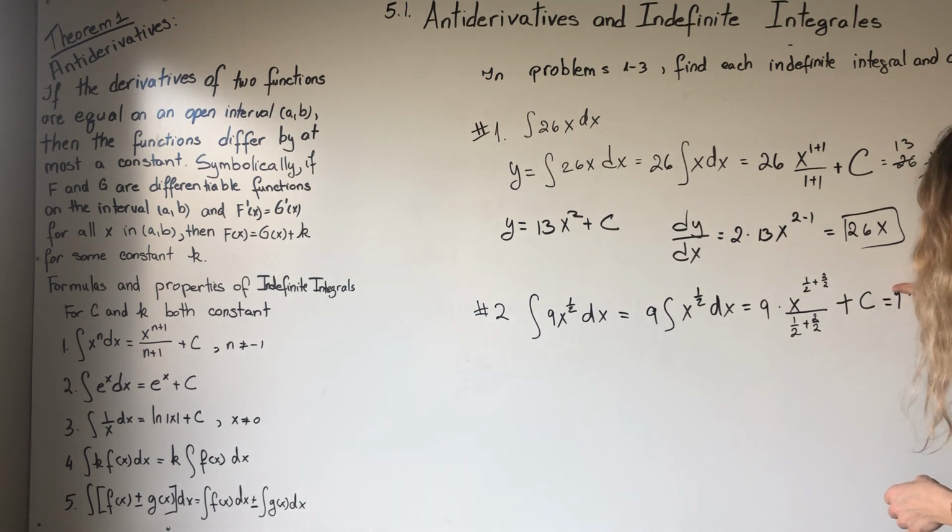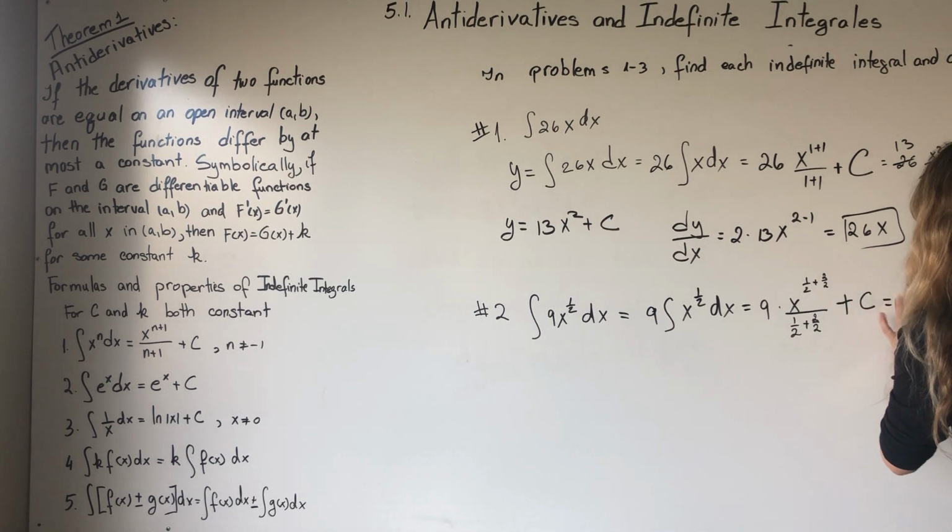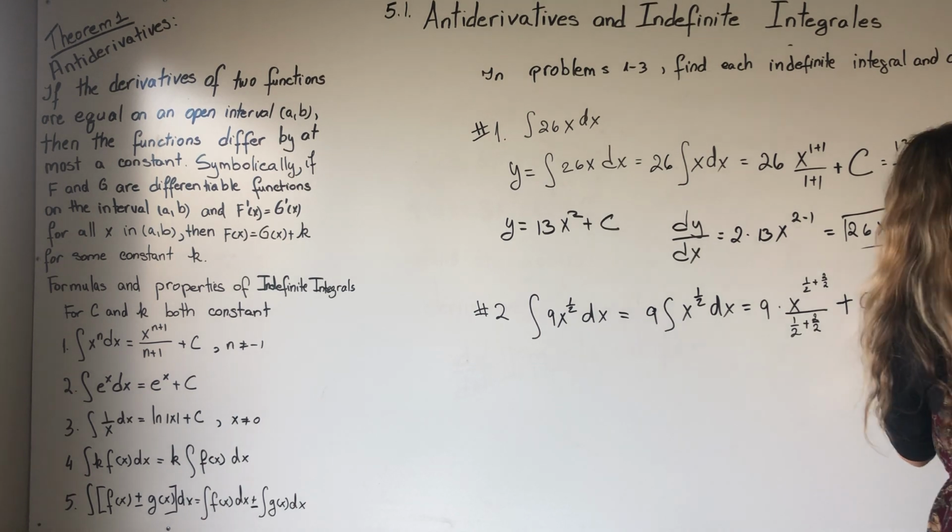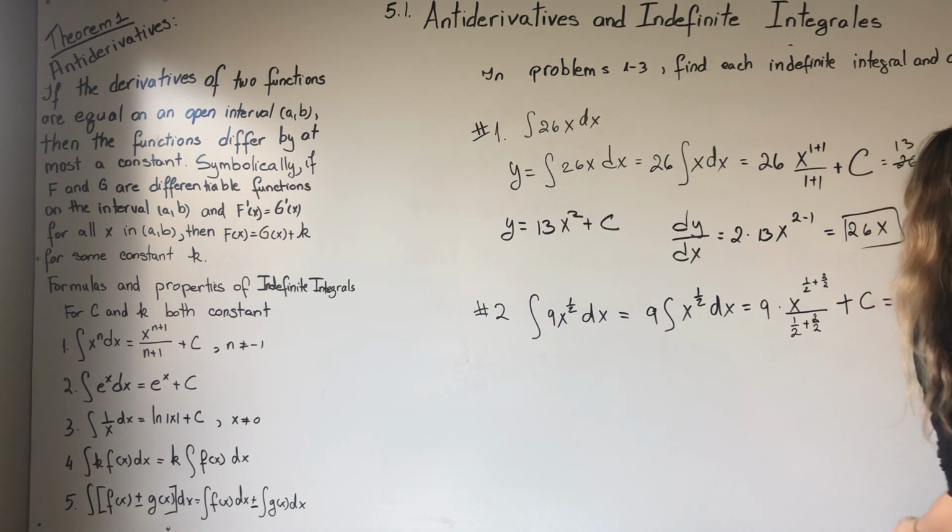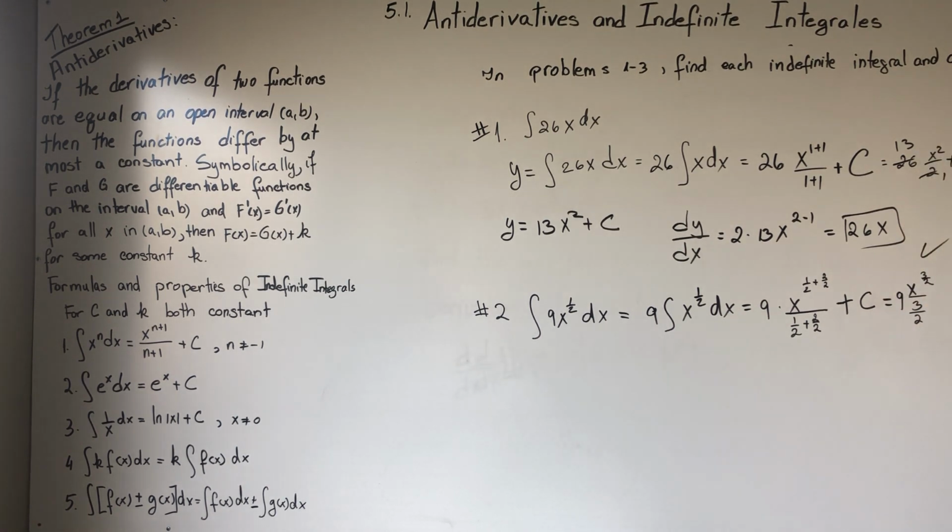Let's put a 9 there. Don't lose the 9. So 9x to the power of 3/2 over 3/2, correct? Plus my constant c. Now I can multiply it, and I will have 9 times x to the power 3/2 times 2/3 plus the constant.